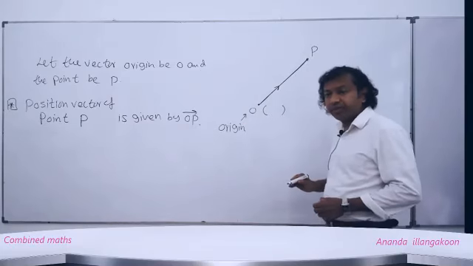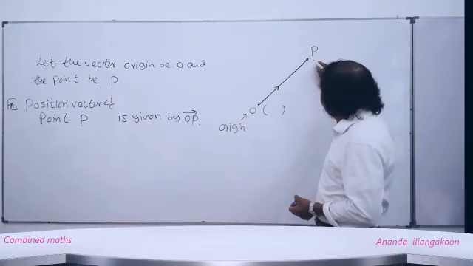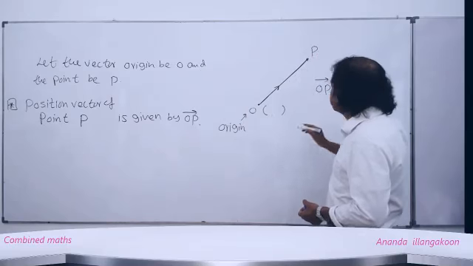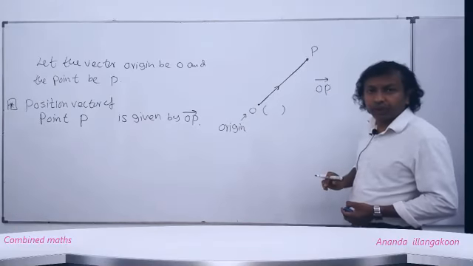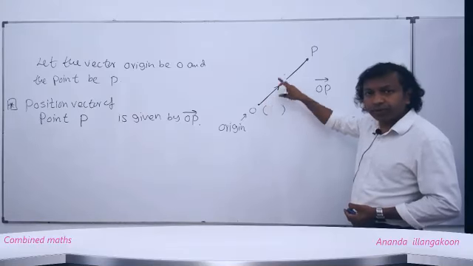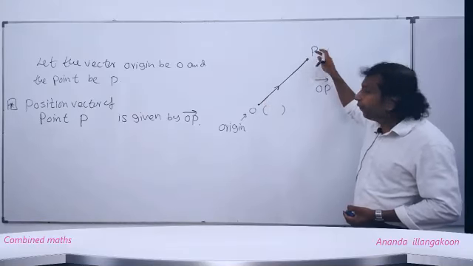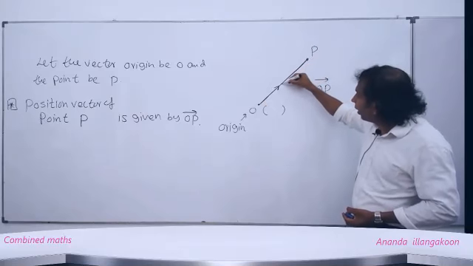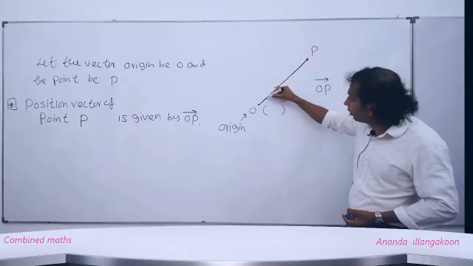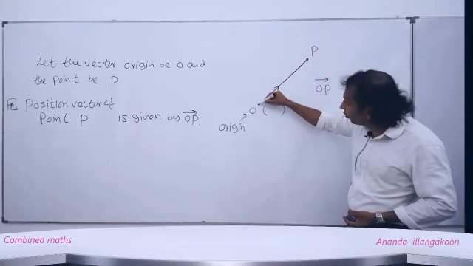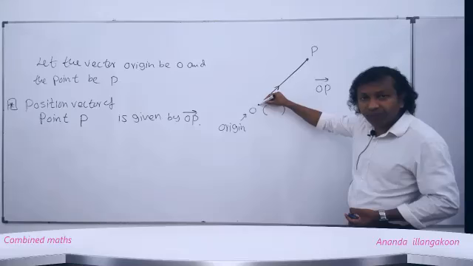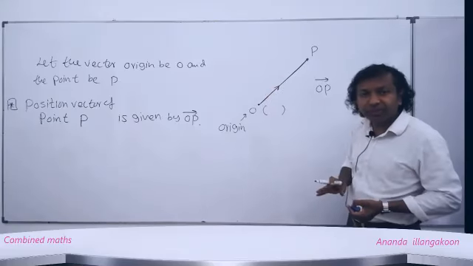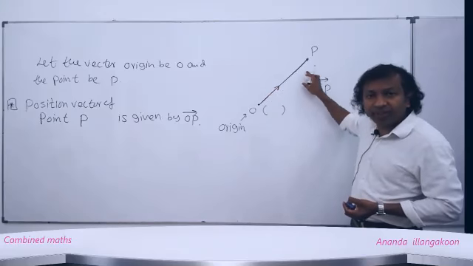When this point P is here, OP gives the position vector of point P. When this point P comes along this line, and when P coincides with this O, then O and P are now the same point. On that occasion, this OP length will be equal to 0.